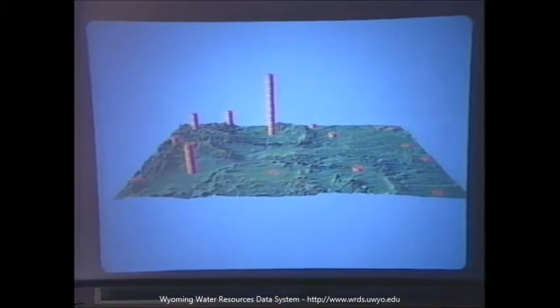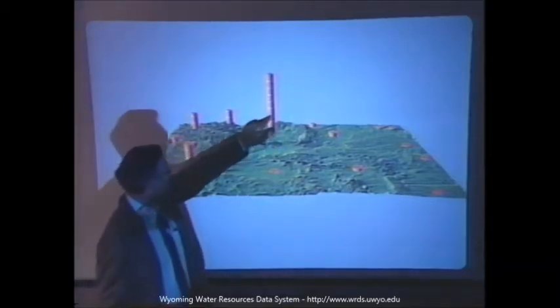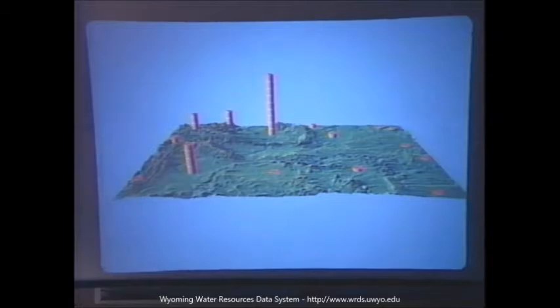What's the scale? The scale here is 200,000 acre-feet. So we've got 200, 400, about on the order of 800,000 acre-feet here. 1, 2, 3, 4, 5, 6, 7, 8, 9, 9 times 2, close to 2 million acre-feet available in the Bighorn Basin.